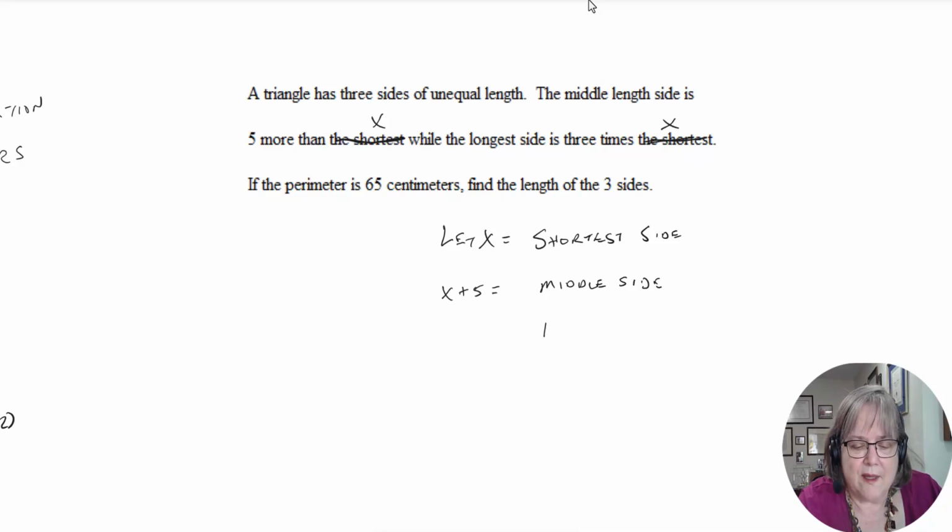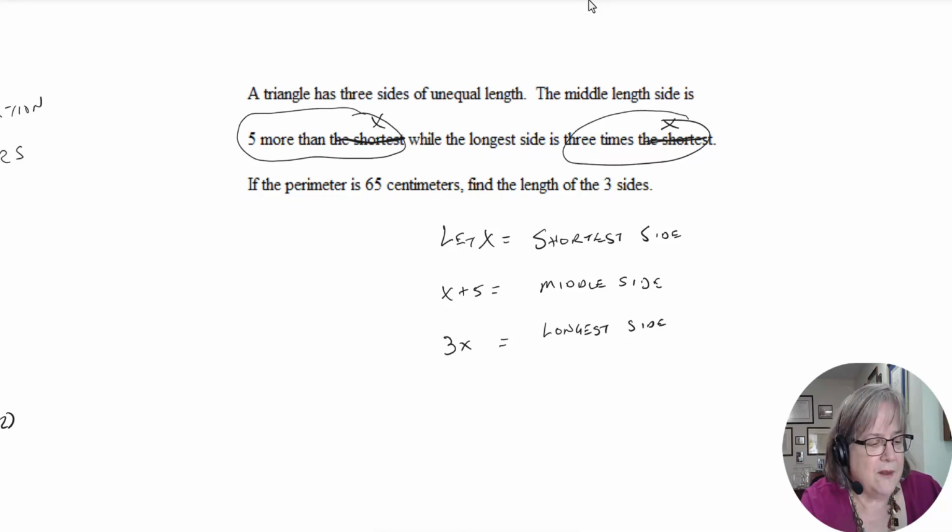And the longest side is 3 times x. What does that look like? 3x. So the shortest side is x. The middle length is 5 more than x. And the longest is 3 times x. And I think I've got those all down.